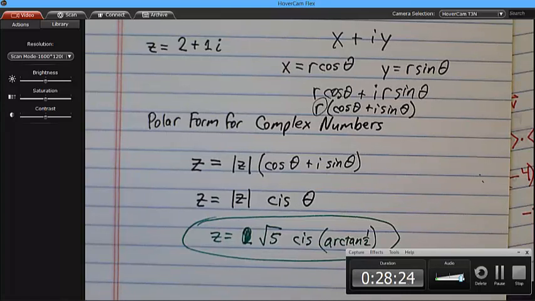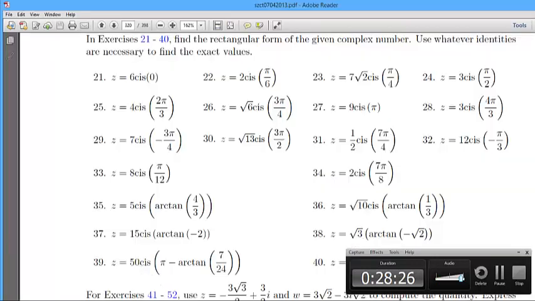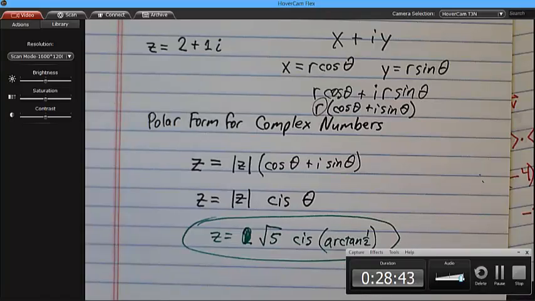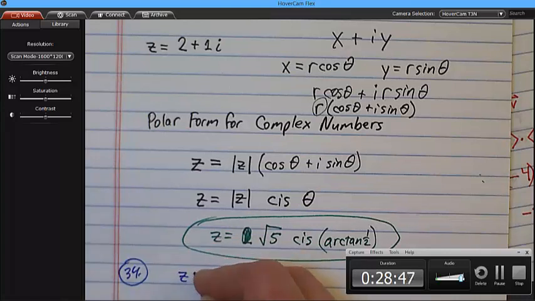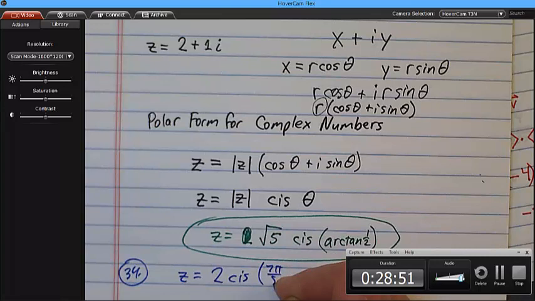So, I guess what I didn't quite get to is how you go back. But you have what you need. If you looked at 34, 2 cis of 7 pi over 8. That's the last thing to show you. Z equals 2 cis of 7 pi over 8.